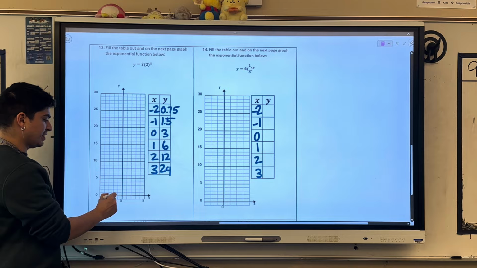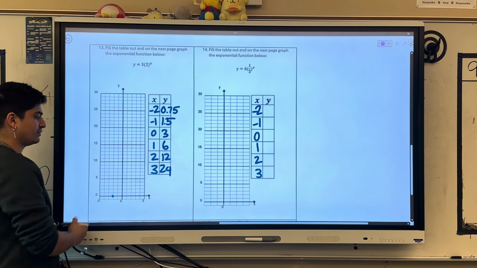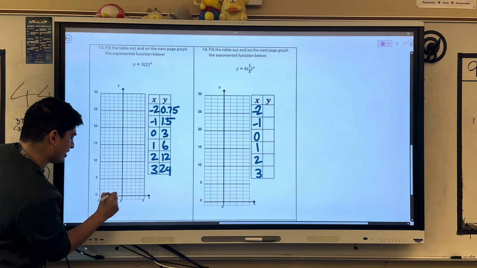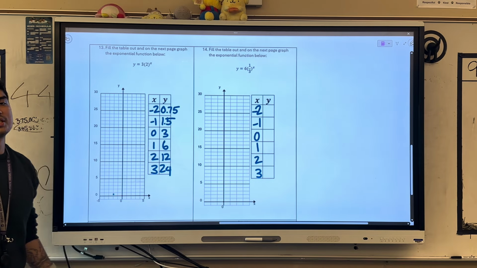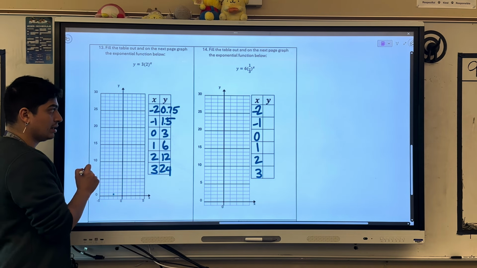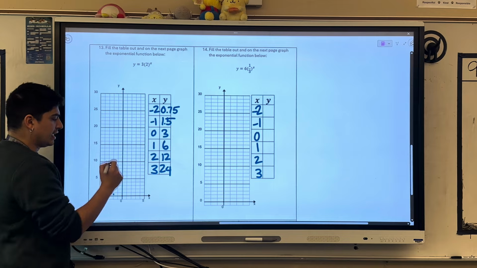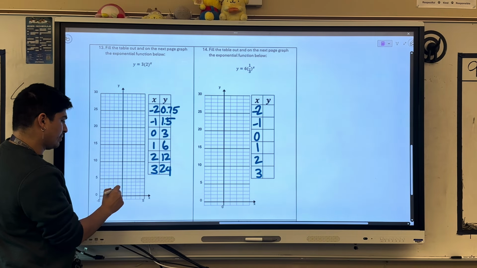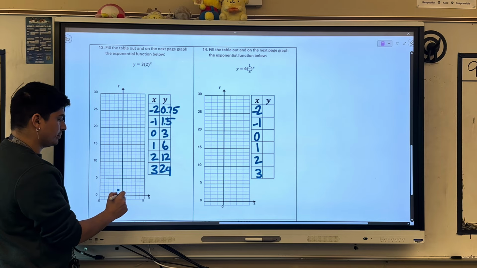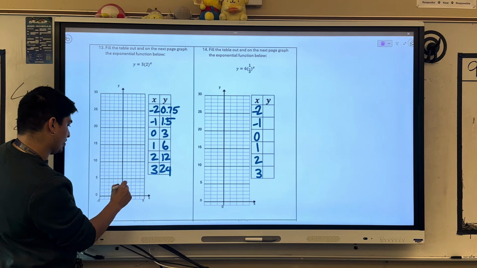I'm pretty bad at doing this, so don't be too judgy. So right here, I'm going to say that this is -2. That's my x = -2. And again, I need to put a little dot there. It's 0.75, the best that I can do, right? Because it's x = -2, up 0.75. Next one is -1, and I'm now up 1.5. Now I'm at 0, and then I'm at 3.